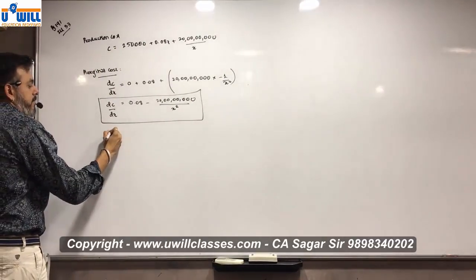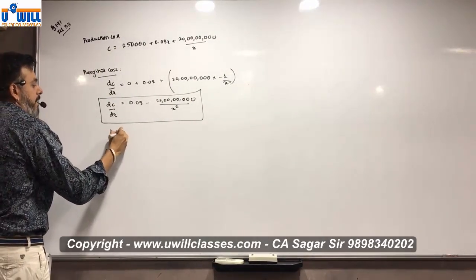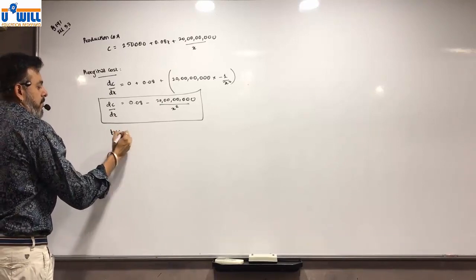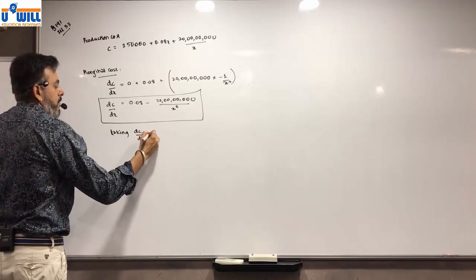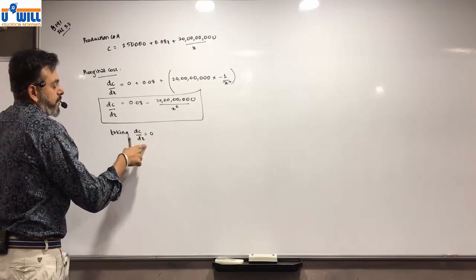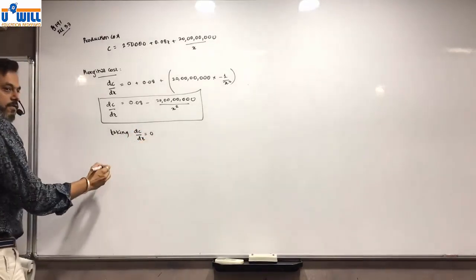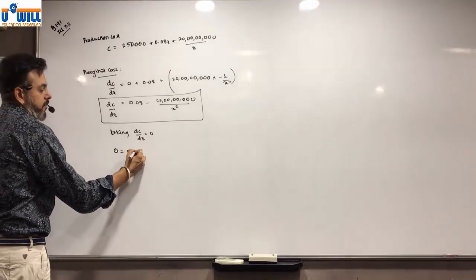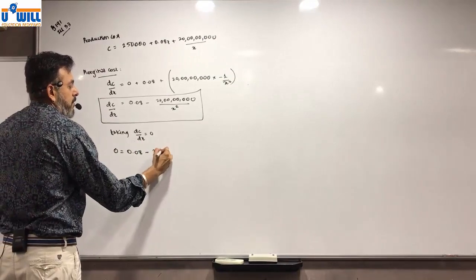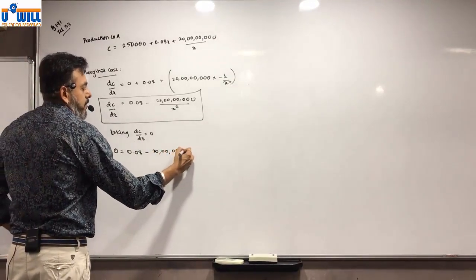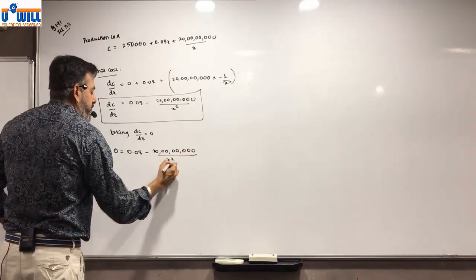Now we are taking derivative of c with respect to x is equal to 0. So 0 is equal to 0.08 minus 20 crore by x square.